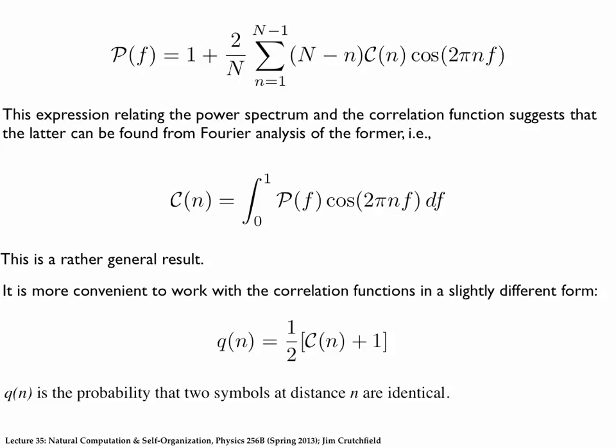And the term that I end up with for one of those frequencies is going to look like this. And so I can determine what the correlation function is for any value of n just by performing this integral. This is just a very standard mathematical trick or process that one does. So if I'm given the power spectrum, I can find all the correlation functions. I can get them all very quickly, very easily.